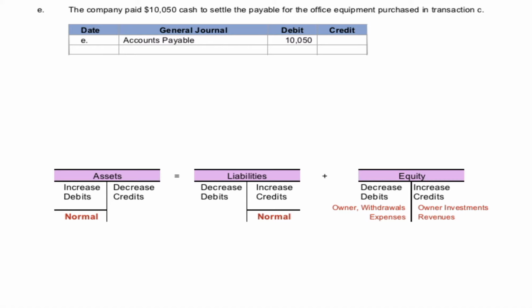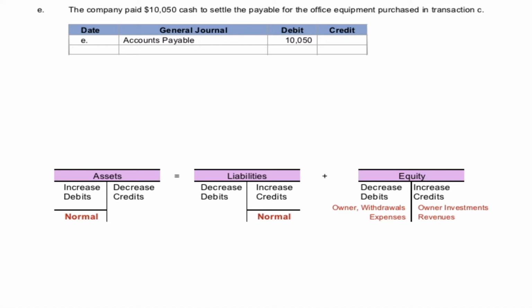So we recorded in a previous entry that we bought that office equipment with an account payable, meaning we owed someone money. As long as we owed that money, we had a liability sitting on our account. Now we're going to pay that liability off. We want our liabilities to go down, and a debit will do that.